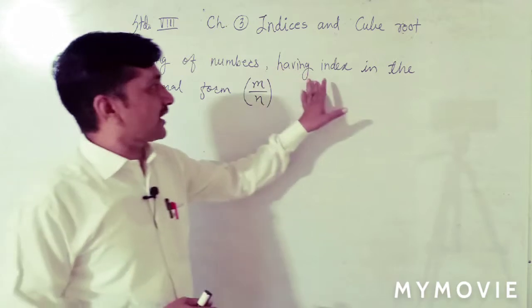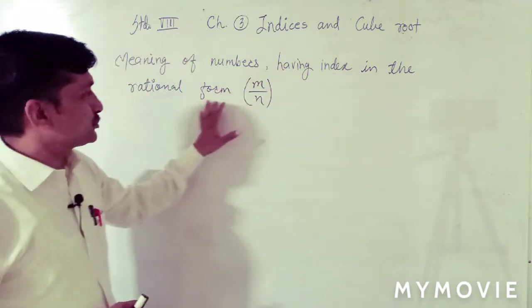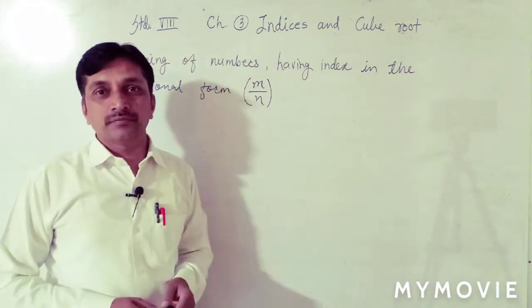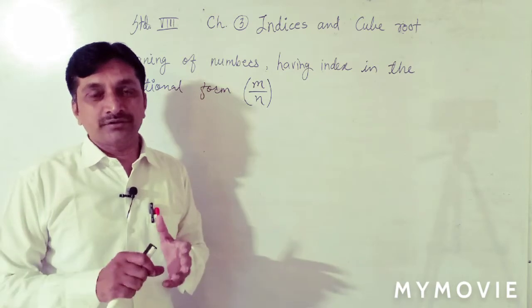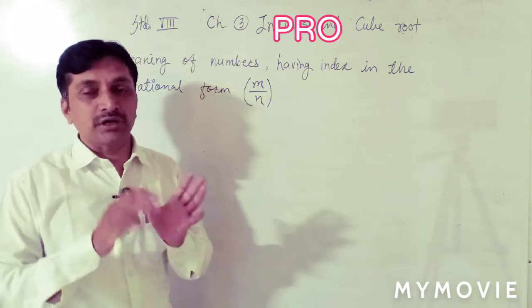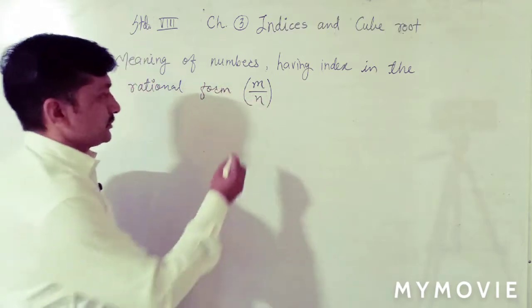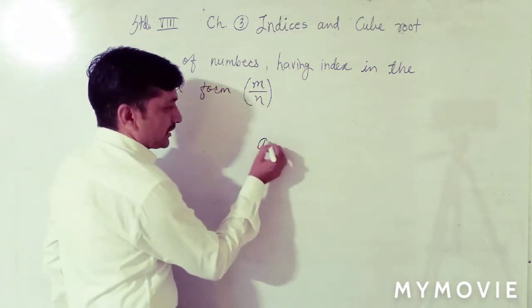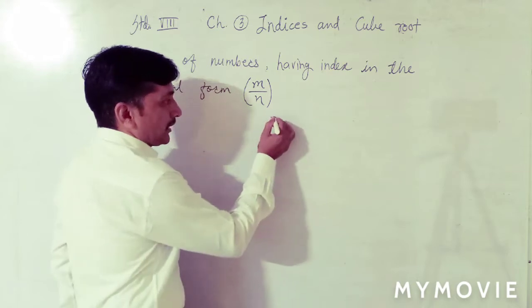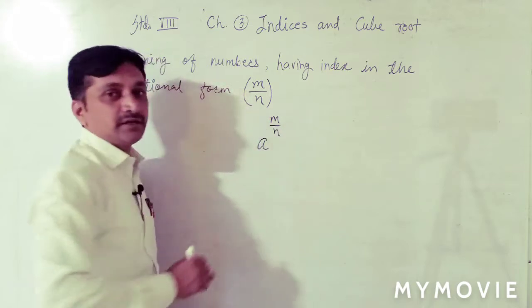Meaning of numbers having index in the rational form m upon n. Now m upon n means m and n both are integers, positive integers. Here generally we write a is the base, m upon n is the index.